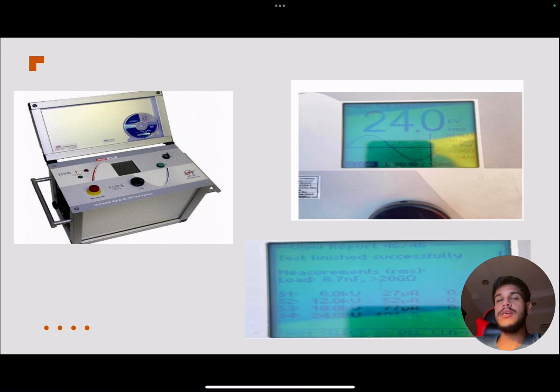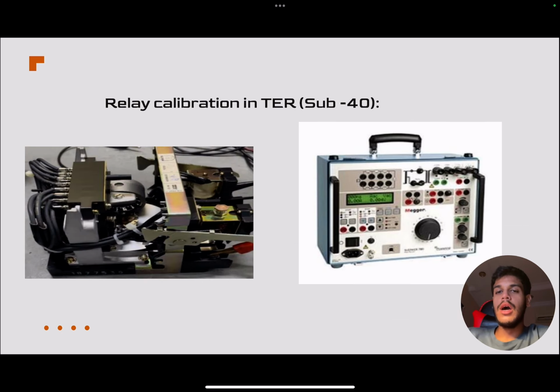The test is putting the cable at 224 kilovolt RMS for 12 minutes at 0.1 frequency, and you can see the result below. It's done, and it's successful.